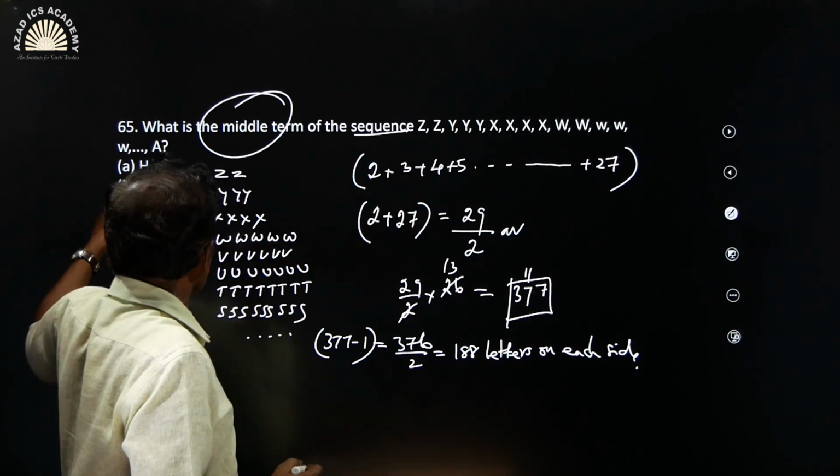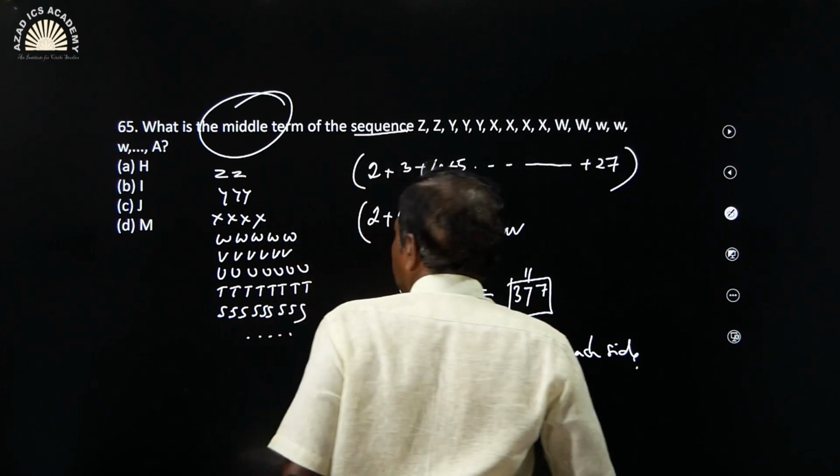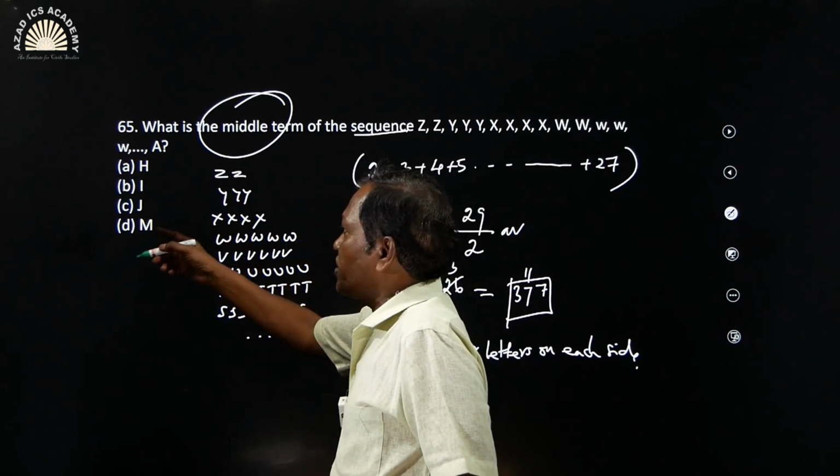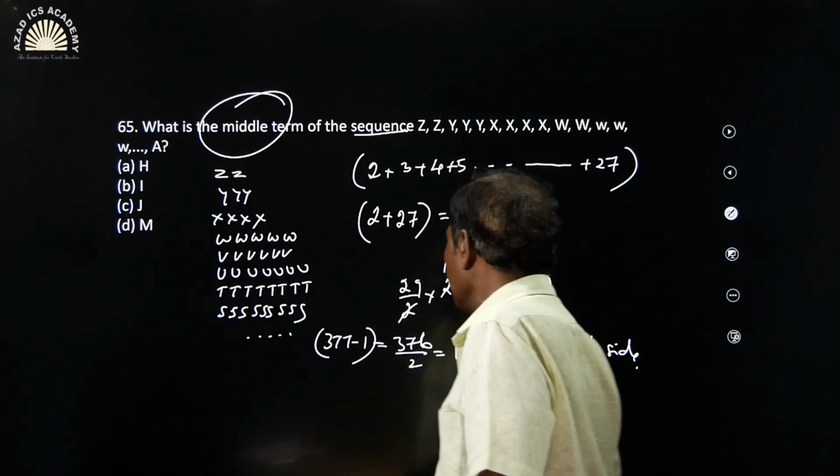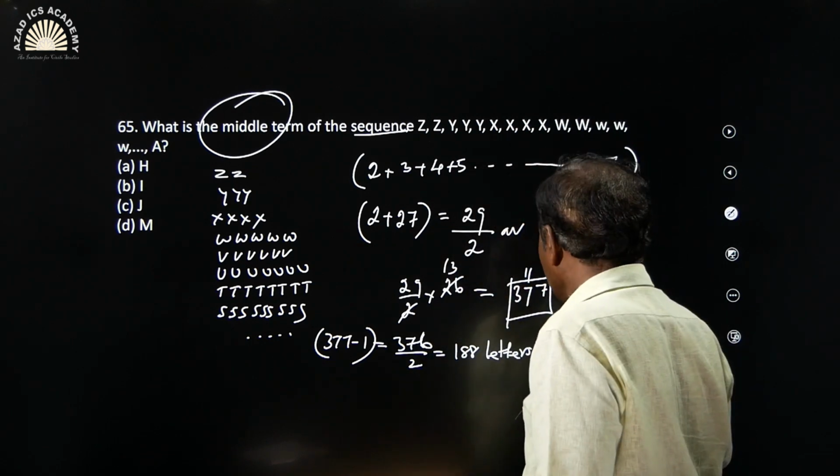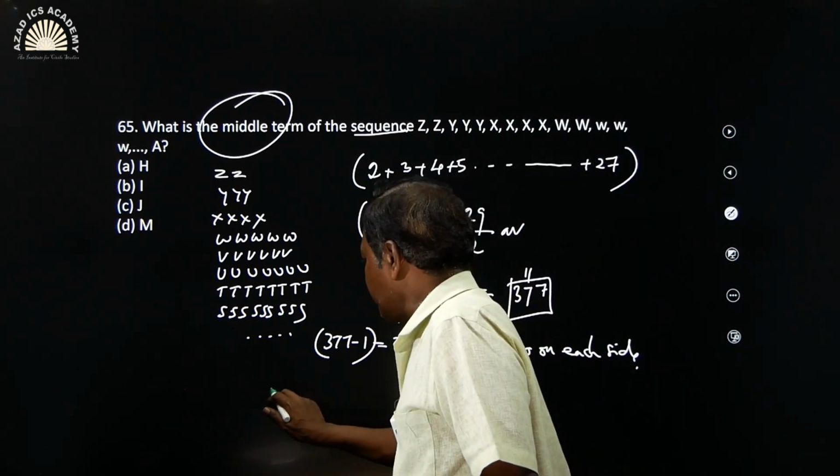The letters H, I, J, M. These are the options you have to see. Let us say the first, H. A can be written 27 times.